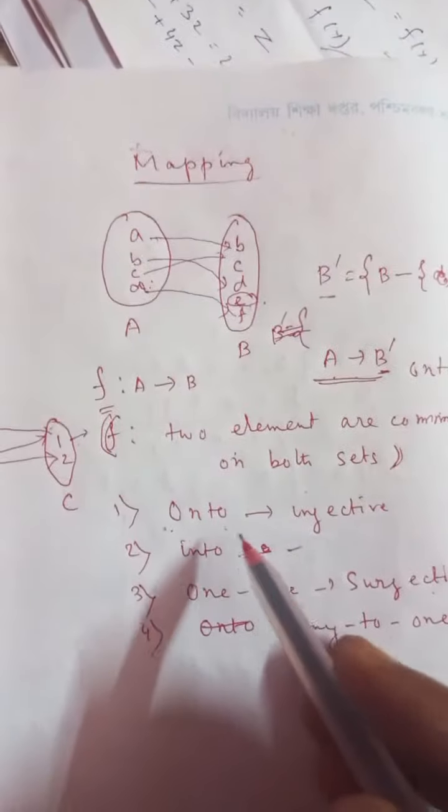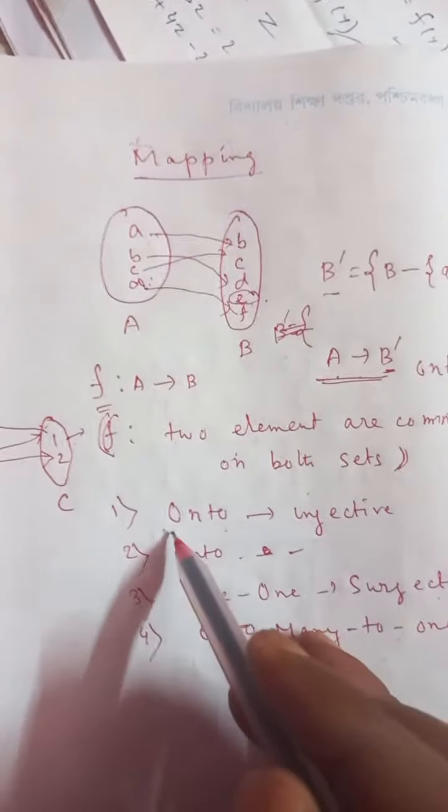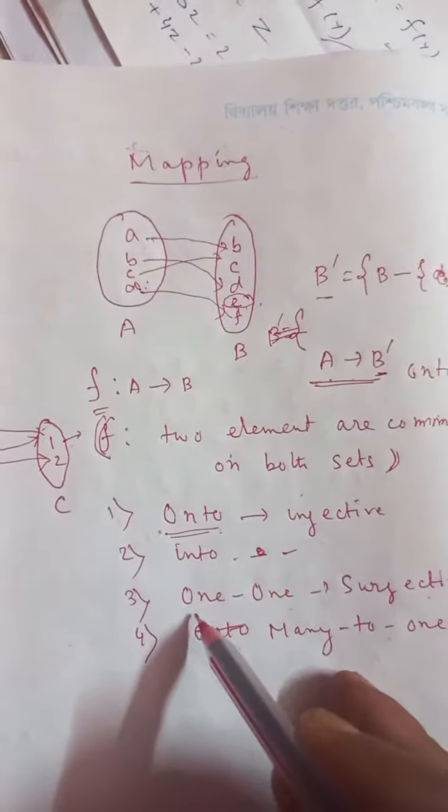And sometimes we can get a mapping that is onto and also one to one.